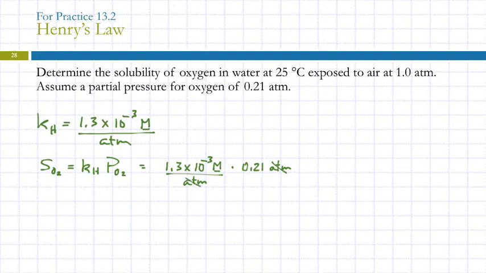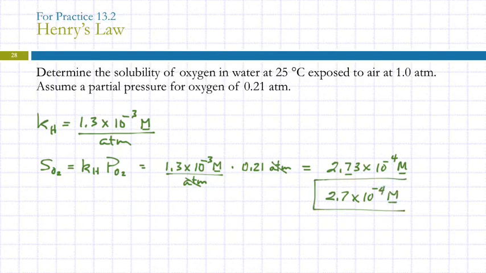The atmospheres cancel out, leaving us with molarity, 1.3 times 10 to the minus third times 0.21, which is 2.73 times 10 to the minus fourth molar. Sig figs would be 2. So 2.7 times 10 to the minus 4 moles per liter is the solubility of oxygen at room temperature.